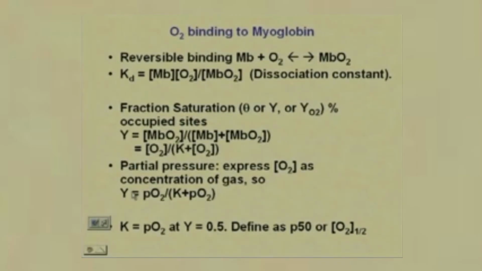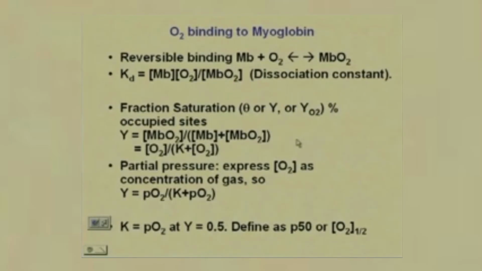If we have this equal to K, then obviously we have 50% saturation. So the 50% saturation, that's P50, is defined when we have Y equal to 0.5, and that is possible when K is equal to PO2, in the expression here.